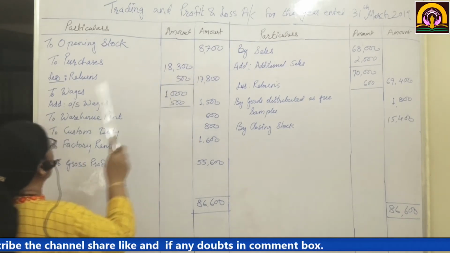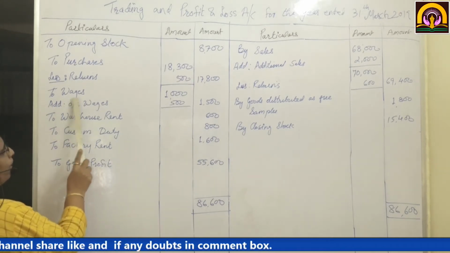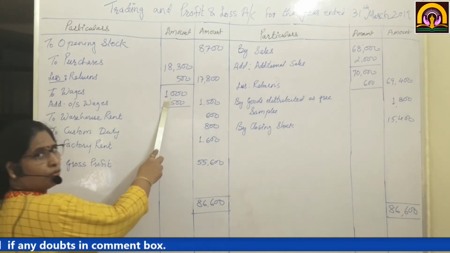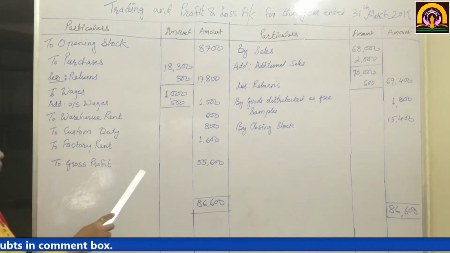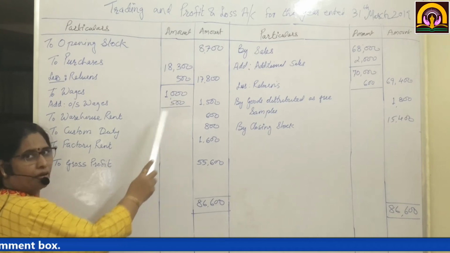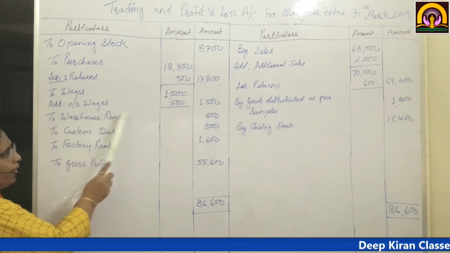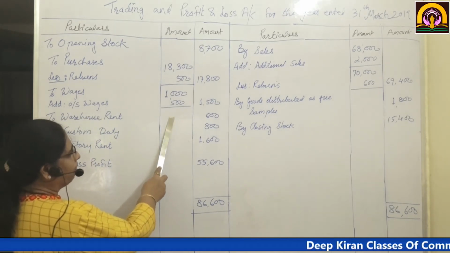So outer column 17,800. To wages. Okay. Wages are how much according to the trial balance? 1,000. Then in the adjustment it is given as outstanding wages, so add outstanding wages 500.